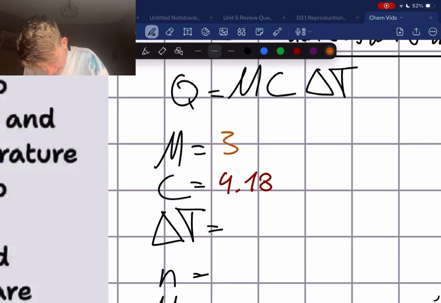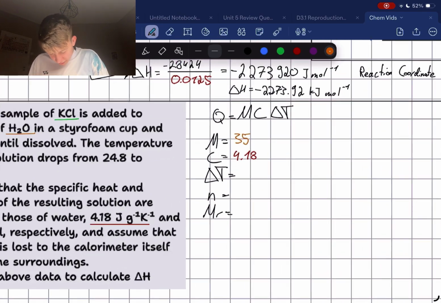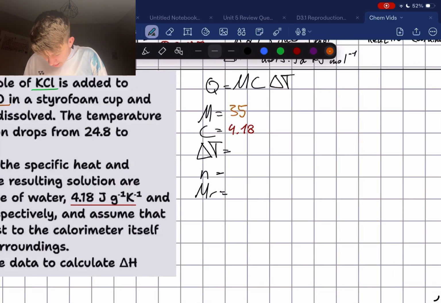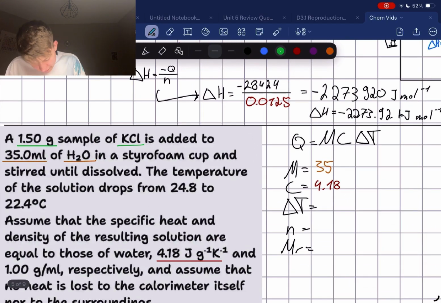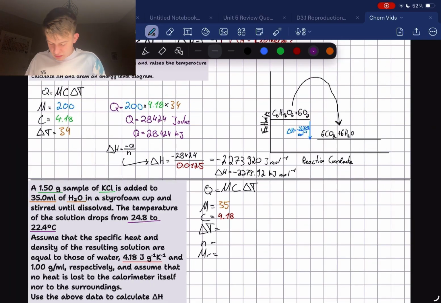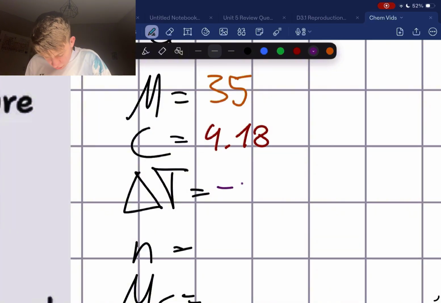And delta T, to calculate that, we do the final temperature that we have calculated, which is gonna be, let's use purple, 22.44 minus the 24.88. So we will do 22.4 minus 24.8, which will give us negative 2.4.